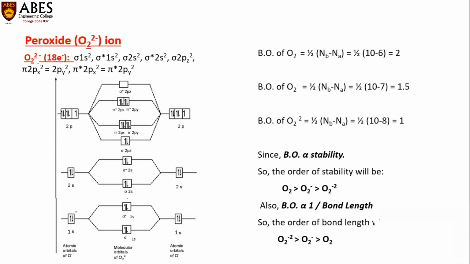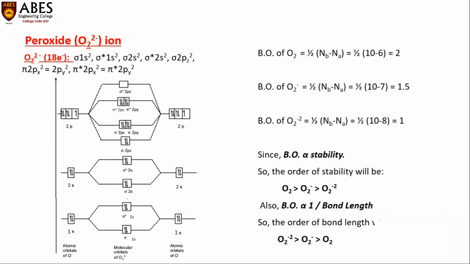First electrons will fill in the 1s orbital, then in the 2s orbital and then the 2p orbital. Due to the presence of 18 electrons, the p orbitals contain 5 electrons, and now the electrons will first fill sigma 2pz, then pi 2px and pi 2py. After that, the anti-bonding pi x and pi y.